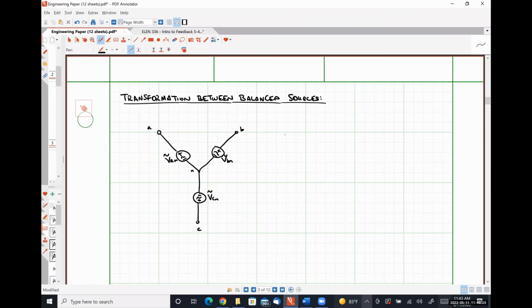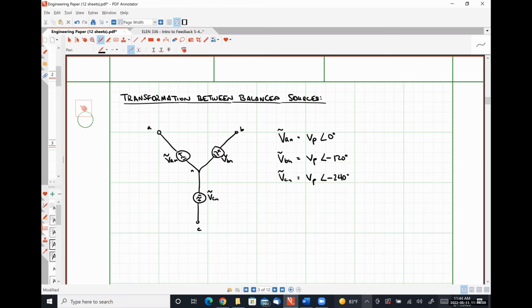Let's say that VAN is equal to VP, some magnitude for our phase voltage with an angle of 0 degrees. VBN would then be VP with an angle of negative 120 degrees. And VCN would be VP with an angle of negative 240 degrees for a positive phase sequence.